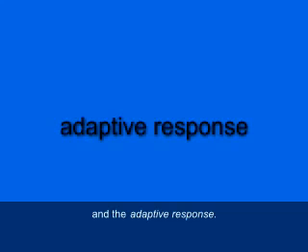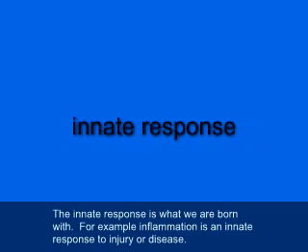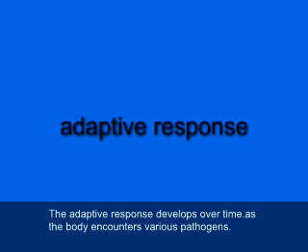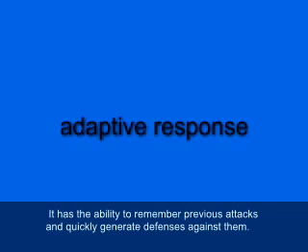The innate response is what we are born with. For example, inflammation is an innate response to injury or disease. The adaptive response develops over time as the body encounters various pathogens. It has the ability to remember previous attacks and quickly generate defenses against them.